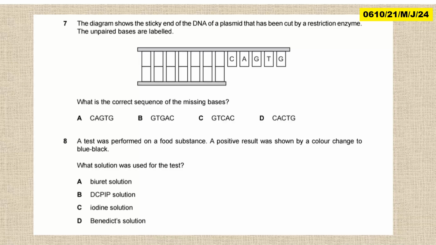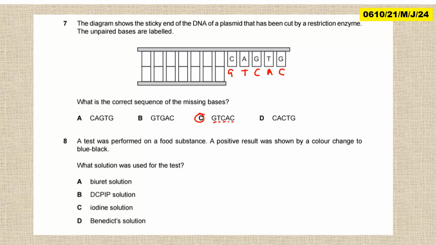You need to know that C pairs with G, this one with T, this one with G. We have G there, so this is C, this is A, this is C. So you're looking for G, T, C, A, C. So this is the answer.